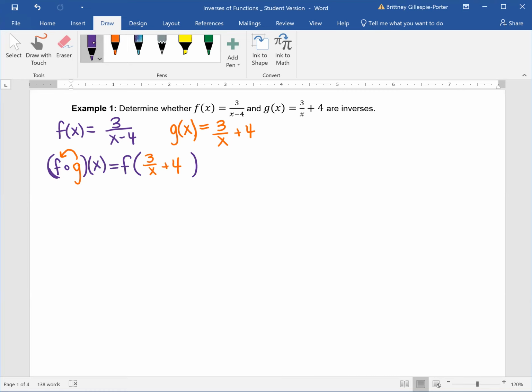Okay. So our f function is 3 all over, I'm going to put in some parentheses, minus 4. And this is where x was. Instead of x minus 4, we're going to plug in the 3 over x plus 4. Because we do not have anything in front of the parentheses that we need to distribute, our next line, we're just going to drop the parentheses.